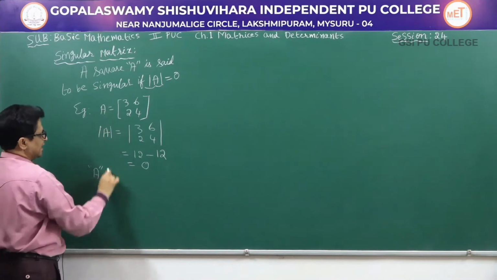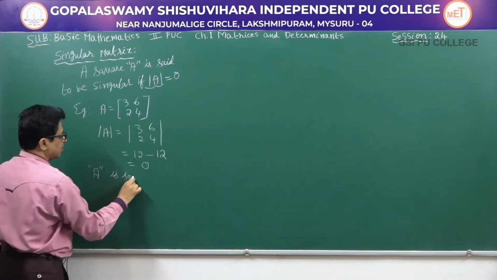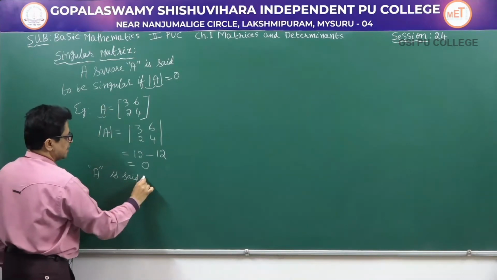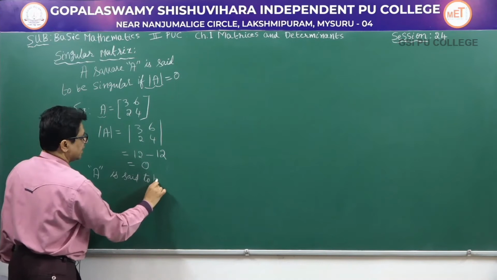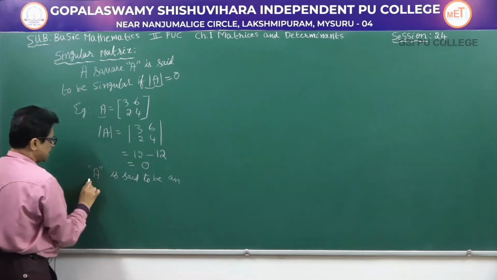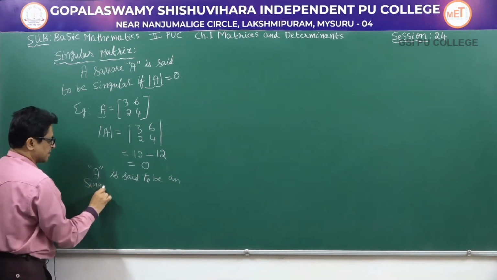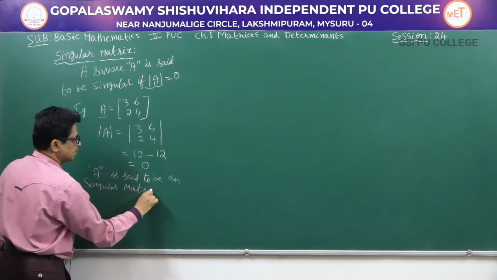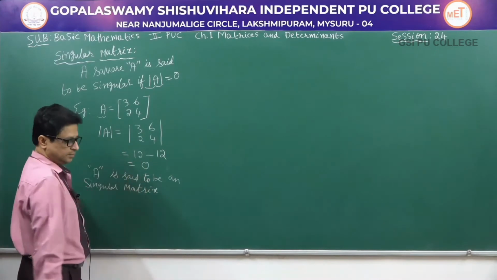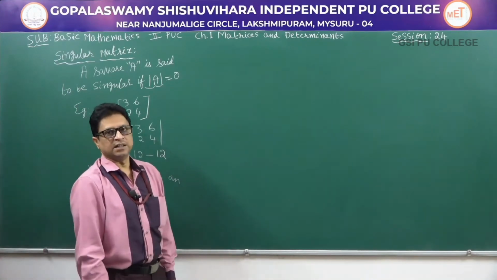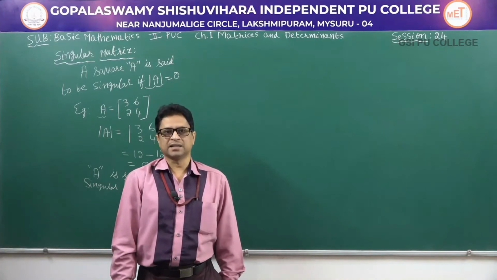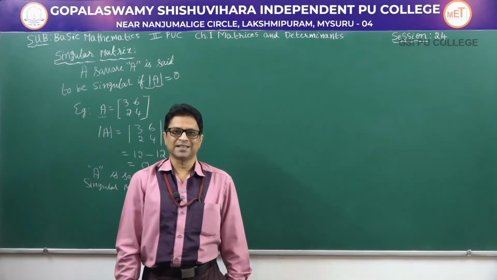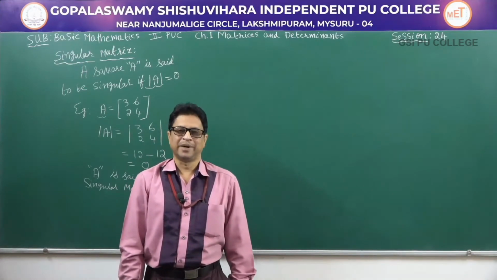This matrix A is said to be singular matrix. That is, if the determinant of the given matrix is 0, then we can say that the given matrix is a singular matrix.